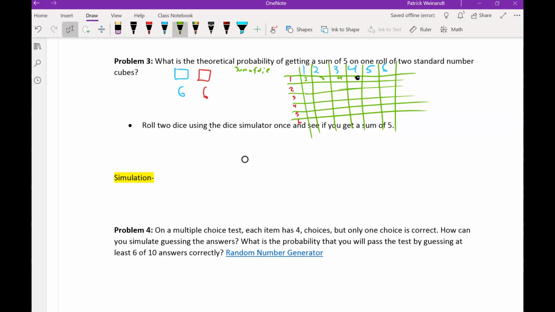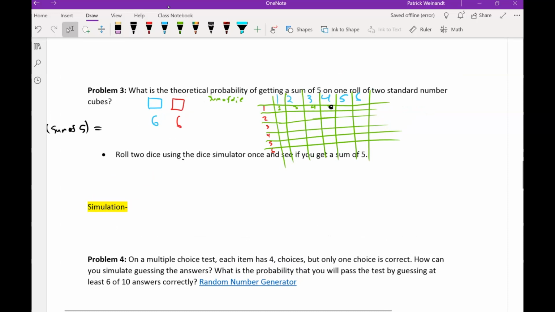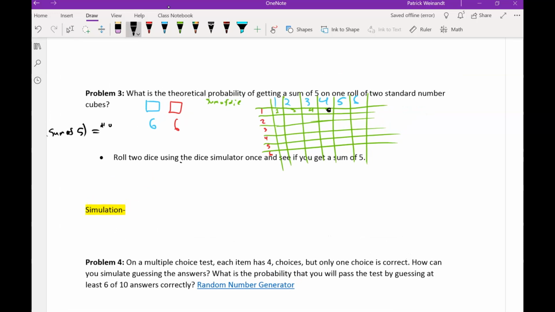Okay, so we know that our probability for a sum of 5 is given by, if you go back to your theoretical probability definition, the number of ways that a sum of 5 can occur over the total number of outcomes.